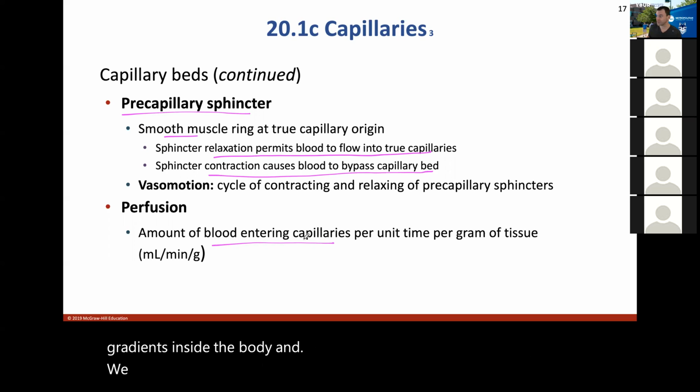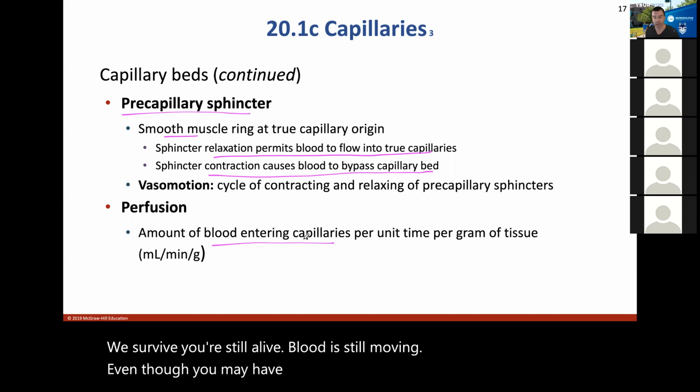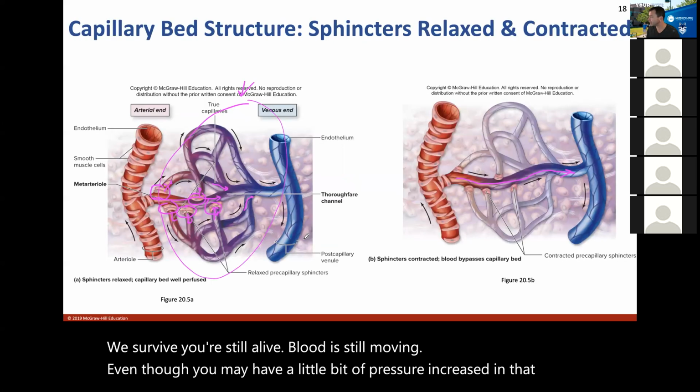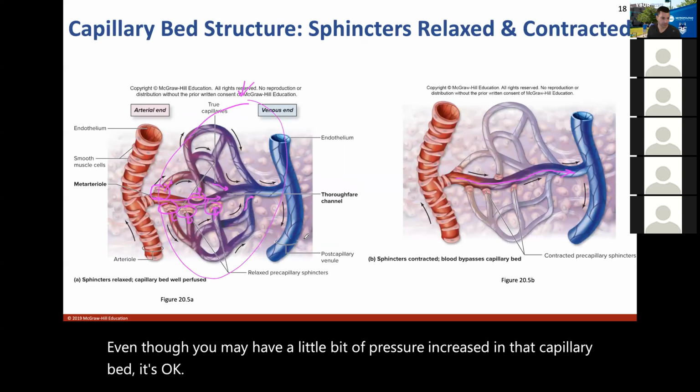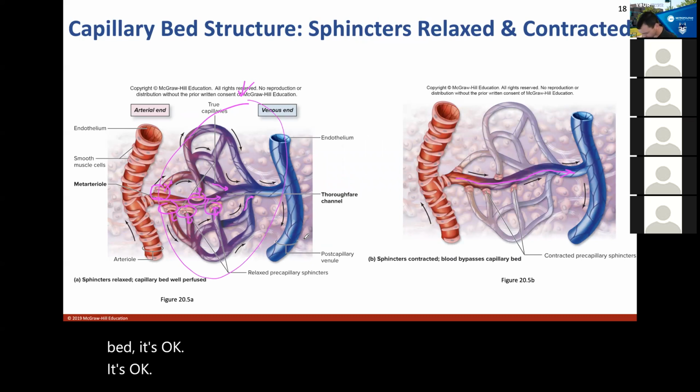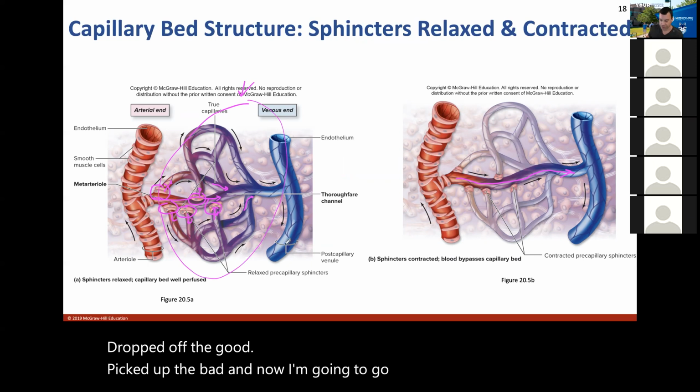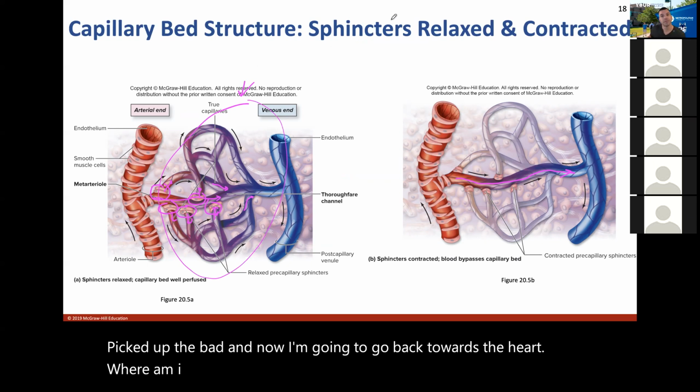Blood is still moving, even though you may have a little bit of pressure increased in that capillary bed. It's okay. Dropped off the good, picked up the bad, and now I'm going to go back towards the heart. Where am I going to go for that? I'm going to go into the veins.